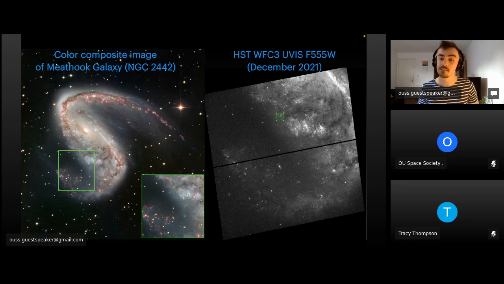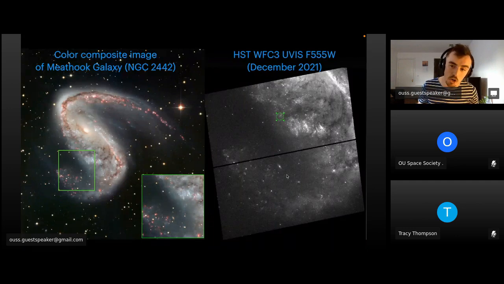And then on the right-hand side image, this is what Hubble sees. This is Hubble observing in the F555W band, which is kind of what your eye would see. It's called V band for visual. And one thing I'd just like to highlight because I think it's quite neat. If you look at the smaller cutout, you can see this tiny red galaxy just to the lower center of the cutout.